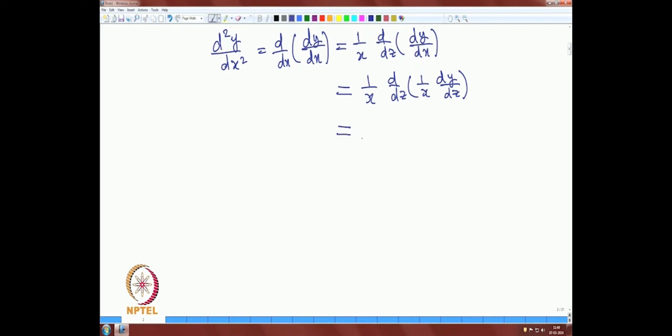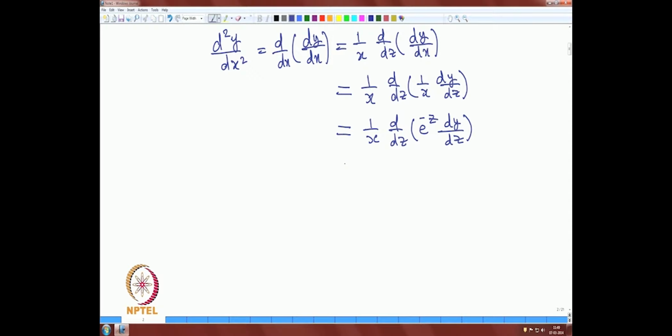So this is equal to 1 by x times d by dz of 1 by x, which by the transformation is e to the power minus z, times dy by dz, and now we can differentiate with respect to z.